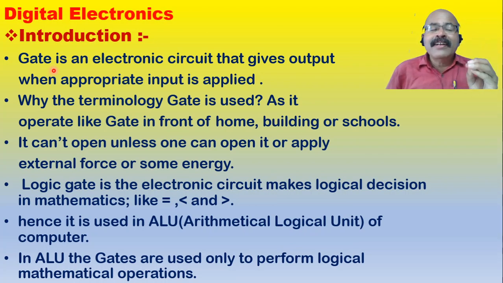The output of the gate depends upon the input. If we do not give the input, it does not operate. It operates according to the input. Such a type of electronic circuit is known as a gate.